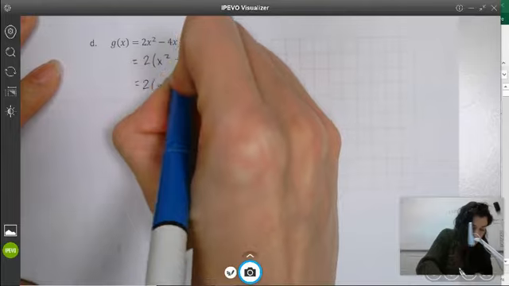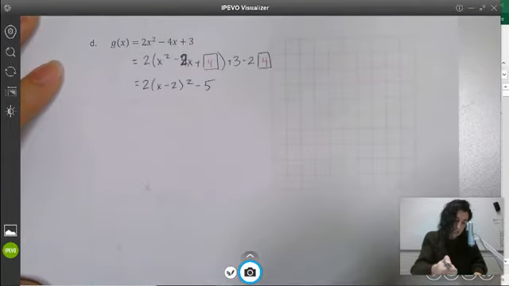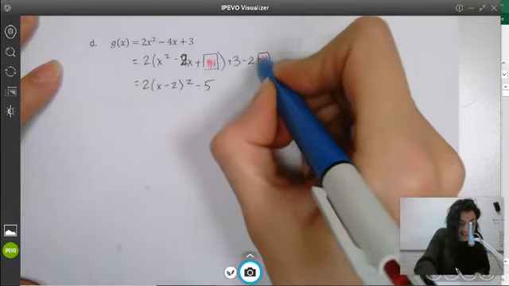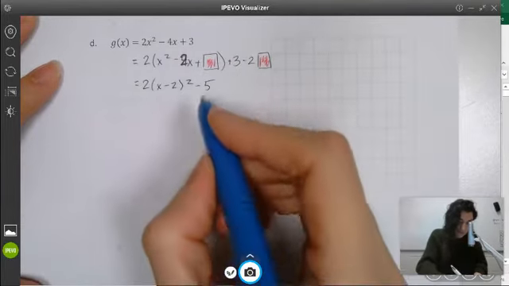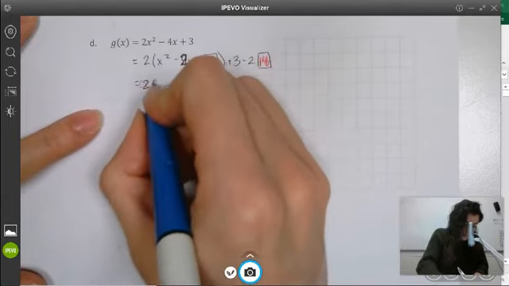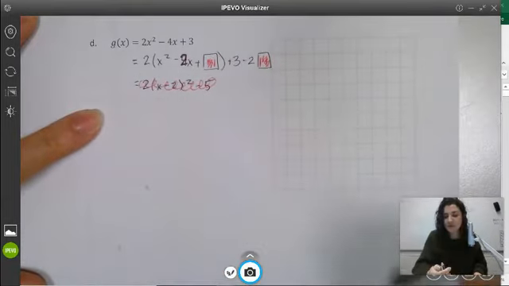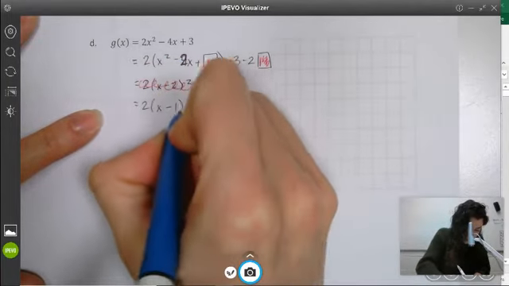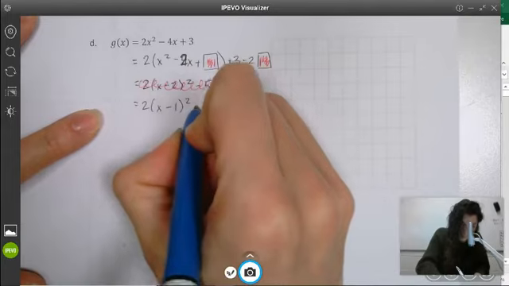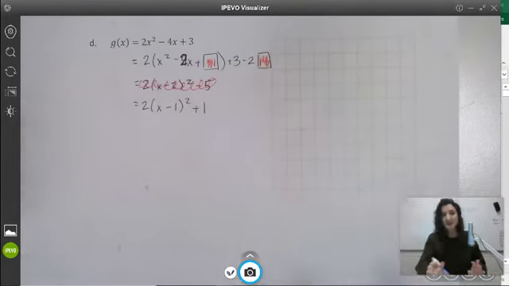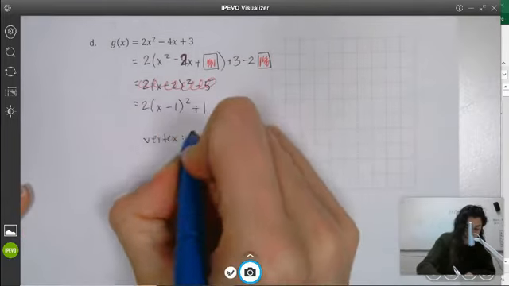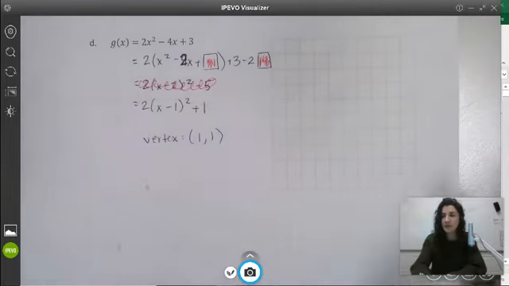I did not factor out a 2 from the 4, which is why we should be using pencils instead of pens. Okay, there we go. All right, vertex is 1, 1.